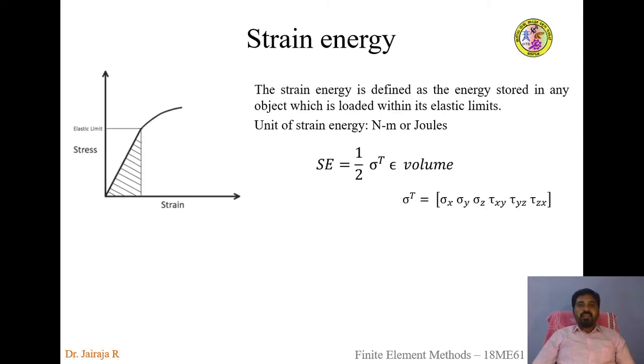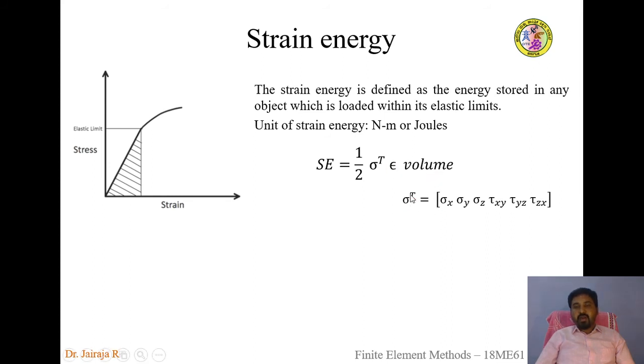So strain energy is defined as the energy stored in any object which is loaded within the elastic limit. The shaded portion is called the strain energy. The unit of strain energy is Newton meter or joules. Strain energy can be represented as stress transpose strain into volume.